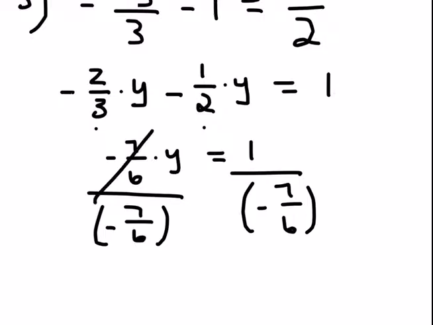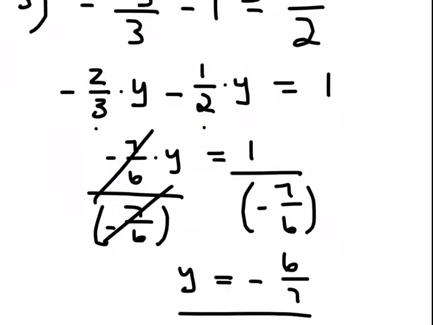So that should cancel completely with that, and then you've got your y, which will be equals to 1 divided by, in the brackets you have negative 7 over 6, and then you get negative 6 over 7, and that should be the end of it.